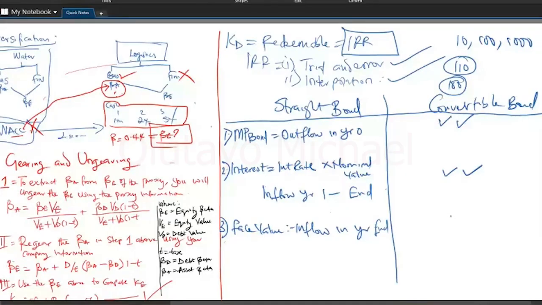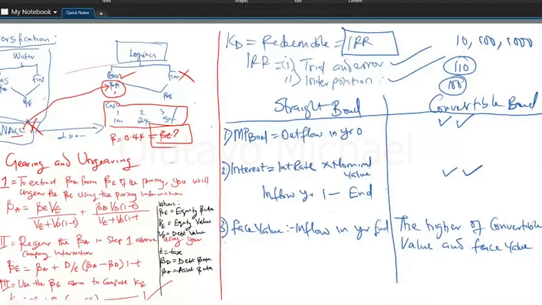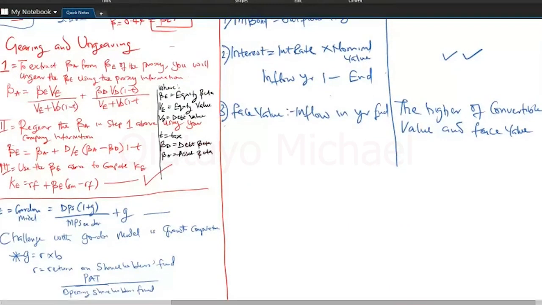But for convertible bond, since you can become a shareholder with it, what we are going to pick as the third item will be the higher of convertible value and face value. Which one is higher among the two? Now I pick. Ladies and gentlemen, you may want to ask me, how do we calculate convertible value?